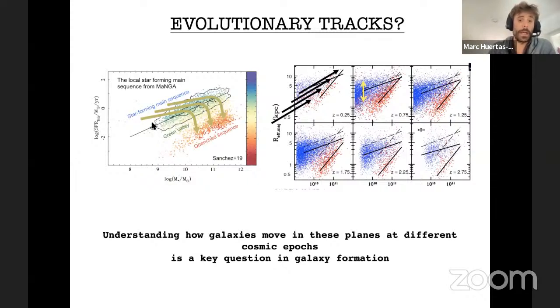We observe some fixed snapshots of galaxy properties, and what we try to understand is how these properties evolve and how objects move into these planes, which means how objects stop star formation and what tracks they follow, and at the same time what tracks they follow in structure, so that at the end we end up with the population that we observe today.